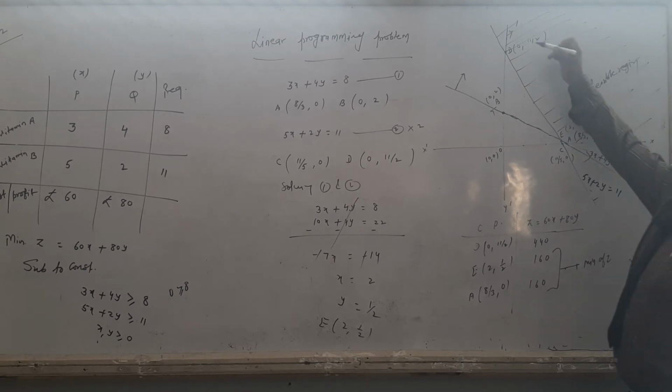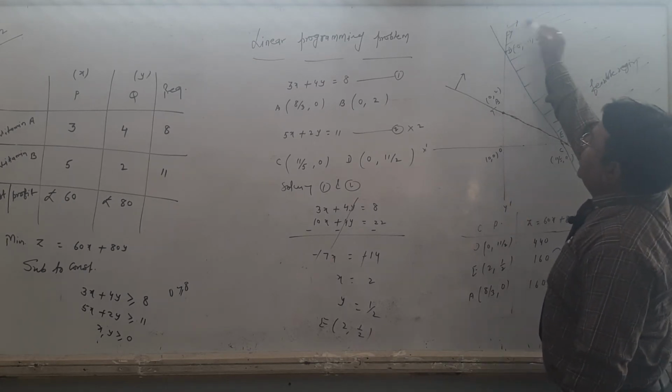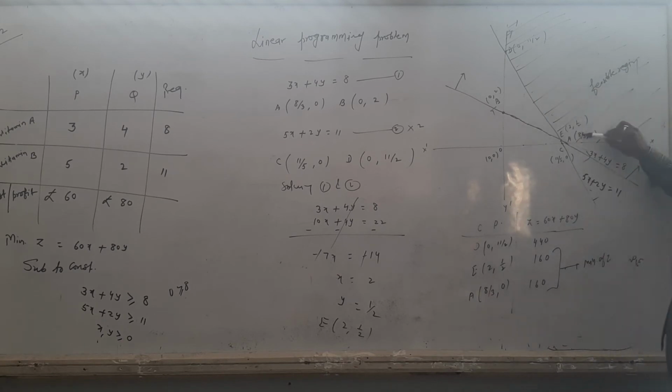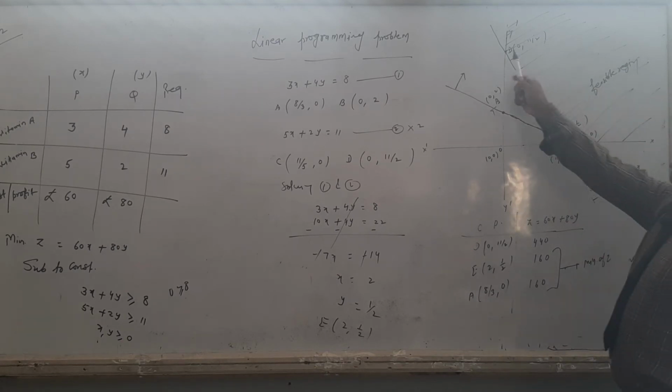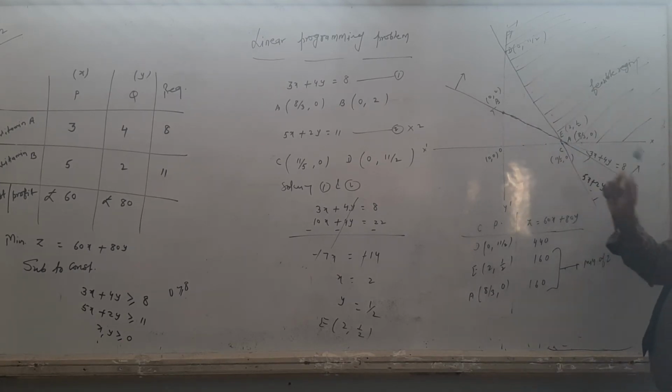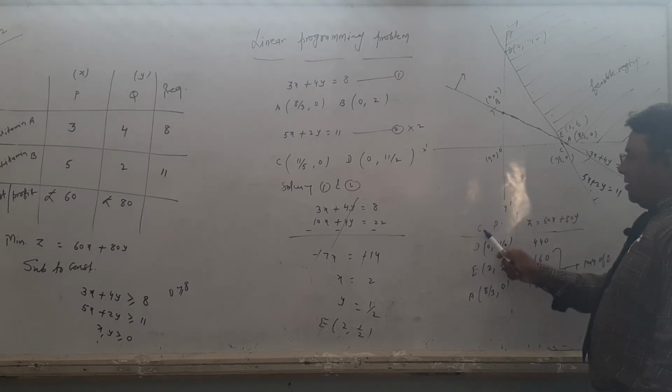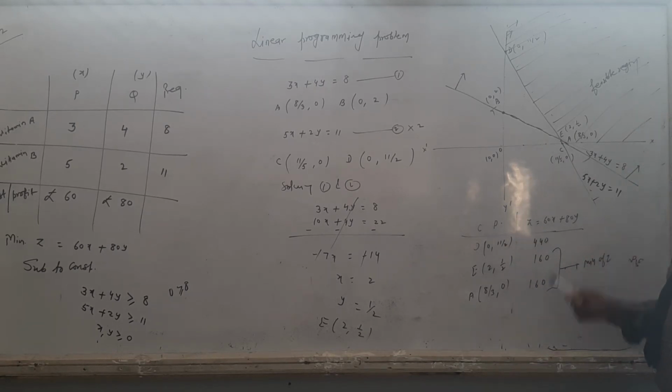Now the common shaded region is only in the first quadrant. There are 3 corner points, D, E and A. Now we put the corner points in the objective function Z. At D, x is 0 and y is 11 by 2, so the value of z is 440.